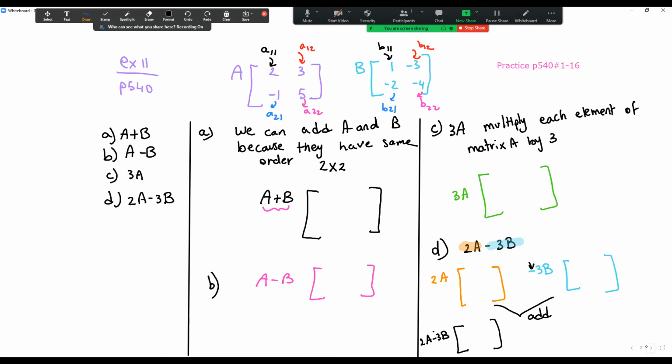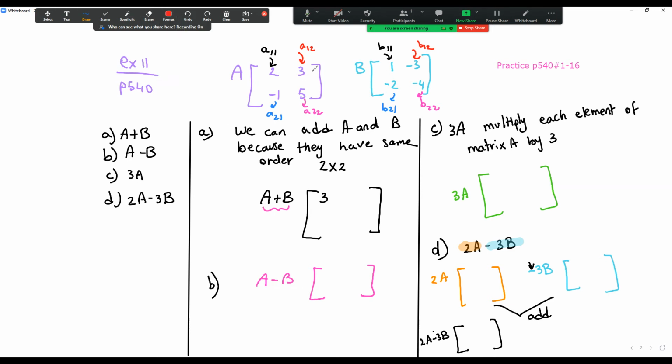Now let's take a look at operations with matrices. So we can add A and B because they have the same order, 2 by 2. If they didn't have the same order, this problem would be impossible. To add the matrices, we're going to add corresponding elements. So the A11 with the B11, first row, first column with first row, first column, and those add up to 3.